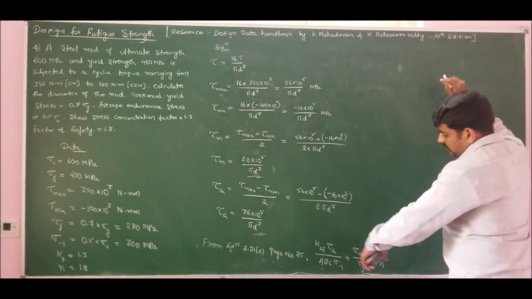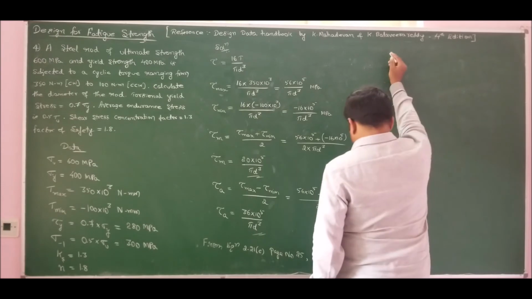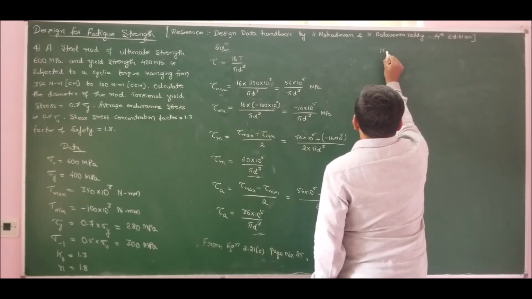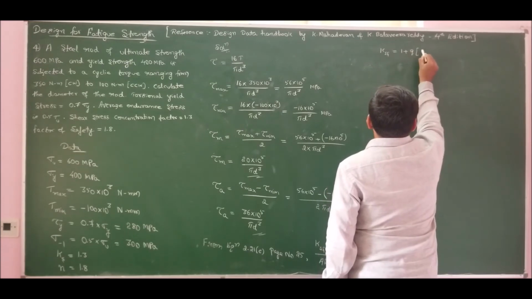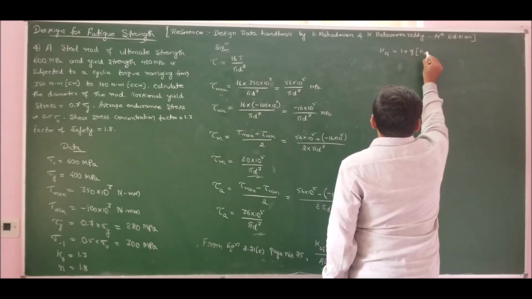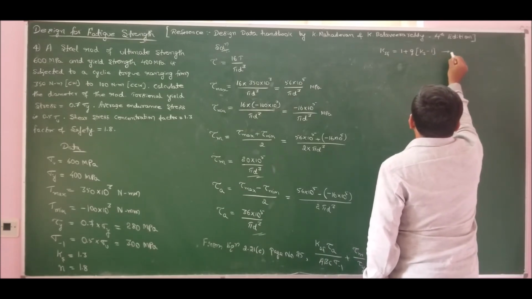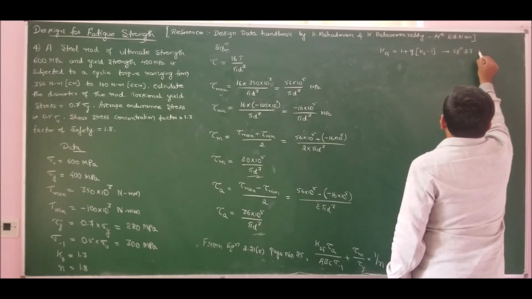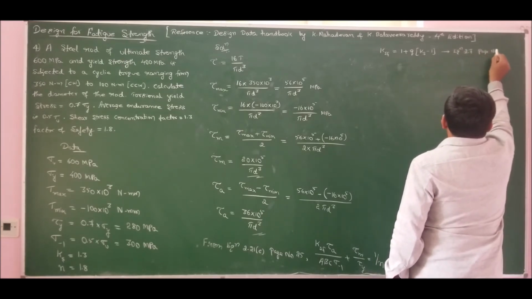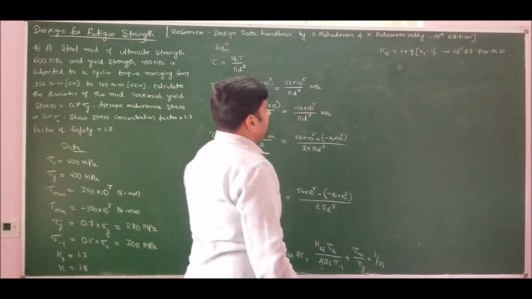Coming for each term in this equation, fatigue shear stress concentration factor is equal to 1 plus notch sensitivity into stress concentration factor due to shear minus 1. This is given from equation 2.7 present in page number 21 of our design data handbook.